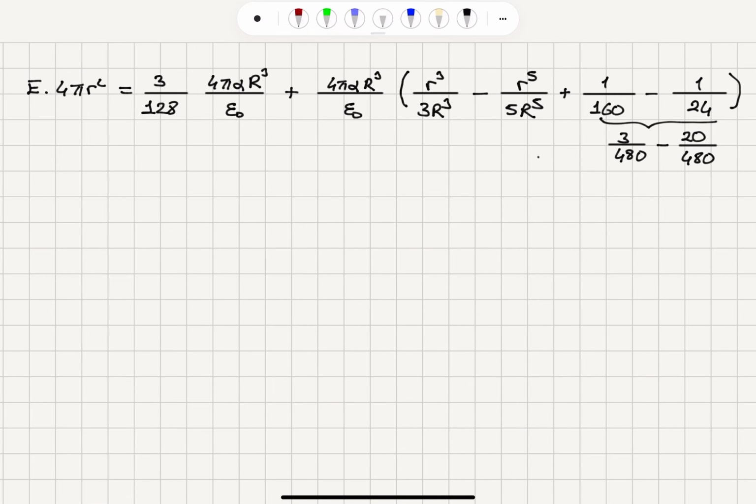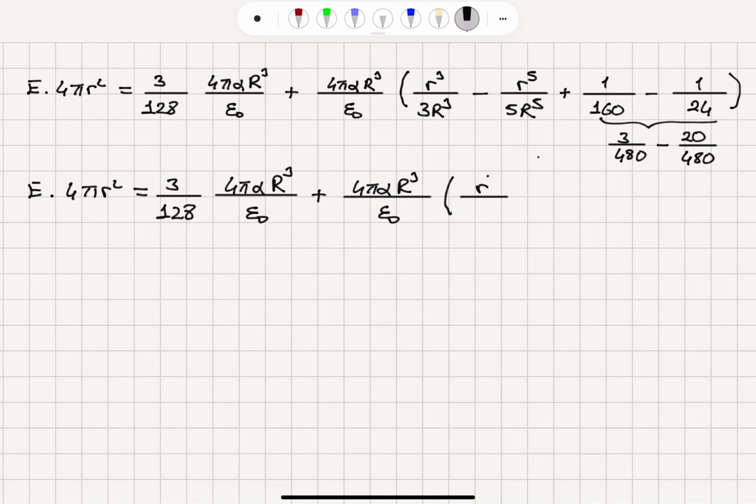So this will give me E times 4 pi R square is equal to 3 over 128 4 pi alpha capital R cube divided by epsilon 0 plus 4 pi alpha capital R cube divided by epsilon 0 times R cube over 3 capital R square minus R to the 5th power divided by 5 capital R to the 5th power, minus 3 minus 20 gives me minus 17.